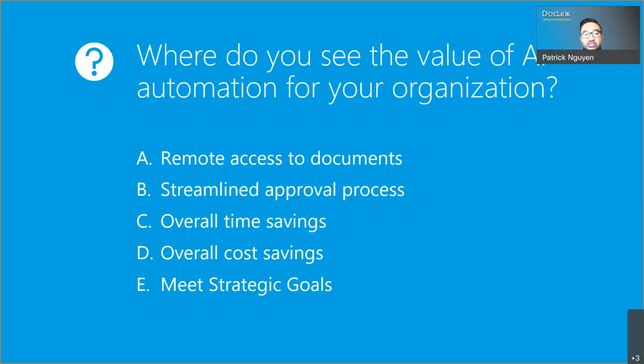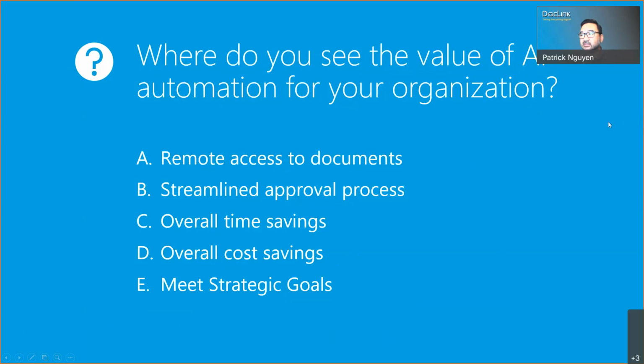Is it your organization looking to save time overall, or is it cost savings that you're looking to accomplish? Or is there a strategic initiative or goal that you have in place? Maybe your organization is acquiring another business, or you're growing a lot. Definitely select the answer that best suits where you see the value of AP automation for your organization.